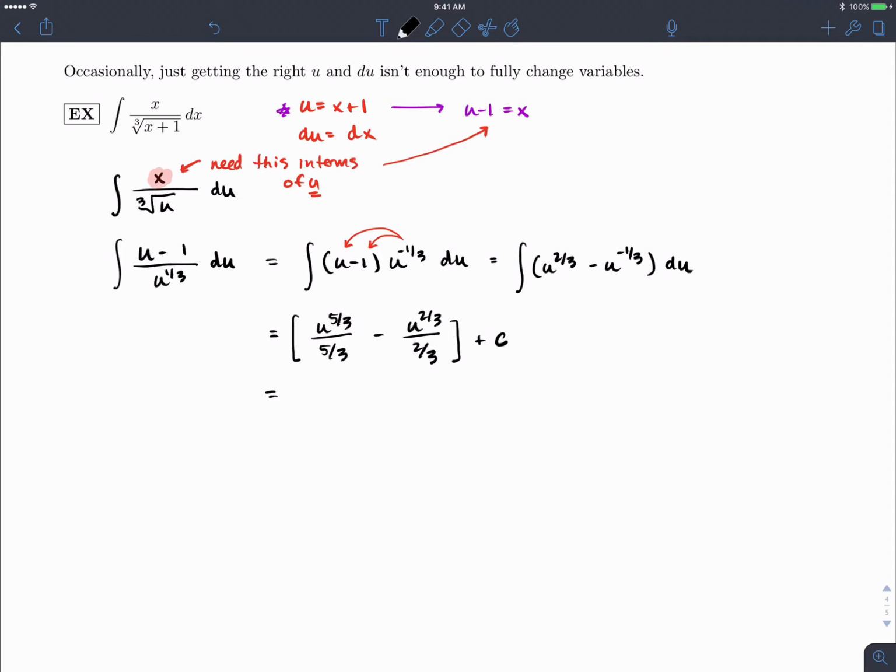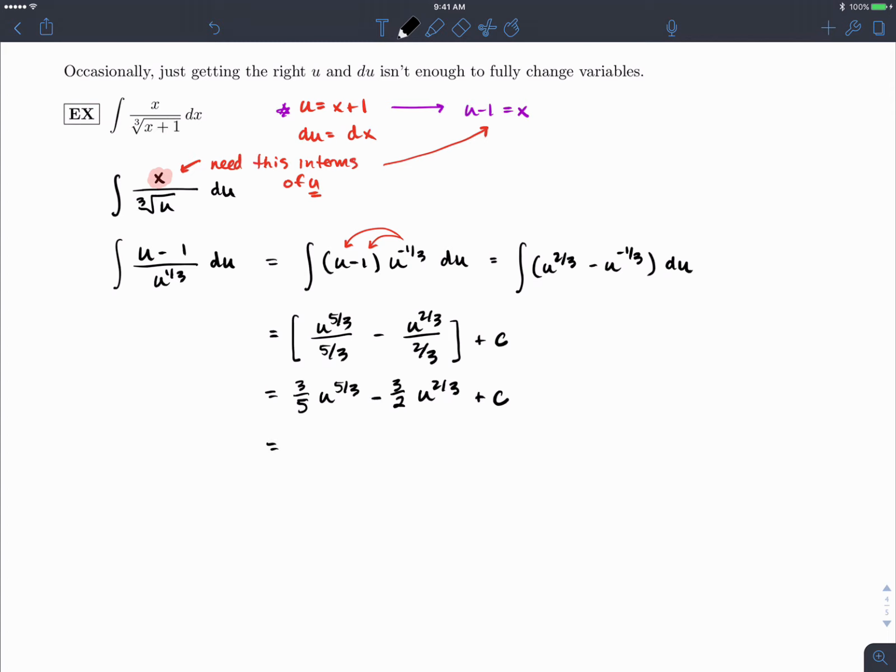Never leave complex fractions like this where you've got fractions in fractions. So rather than dividing by 5/3 and 2/3, I'm going to multiply by their reciprocals respectively, and that's going to give us 3/5 u to the 5/3 minus 3/2 times u to the power of 2/3 plus c.